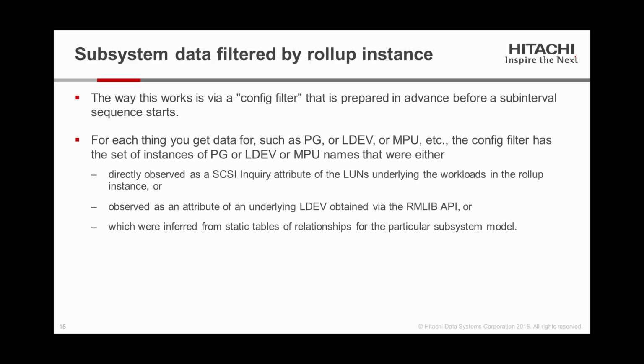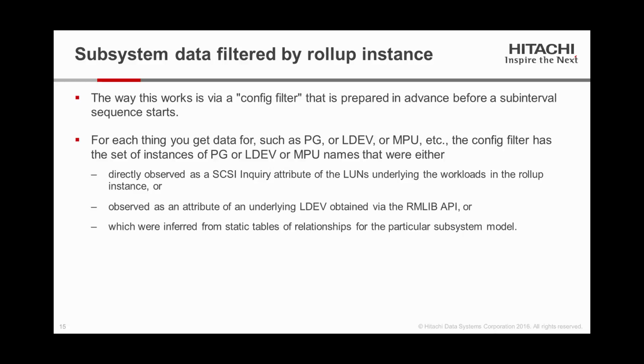The way this works is via a config filter that's prepared in advance before the subinterval starts. So what I do is, for each instance within a particular rollup, I spin through the workload threads that comprise the rollup instance, and then I look at the attributes of the LUNs associated with those workloads, and then you can see the LDEV.